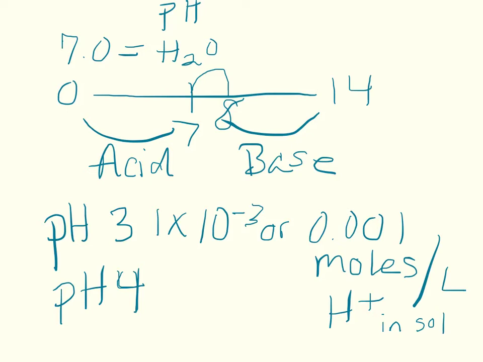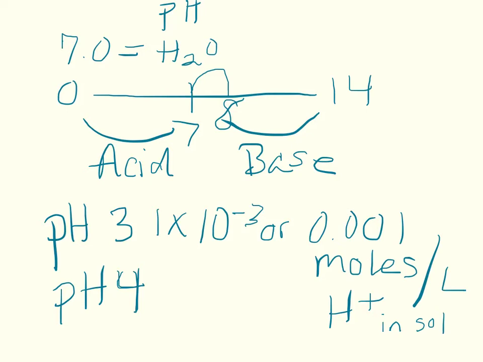So just keep this in mind for a second. So a pH of 3 is 1 times 10 to the minus 3, or 0.001 moles per liter hydrogen ions in solution. Okay, so pH is about hydrogen ions.